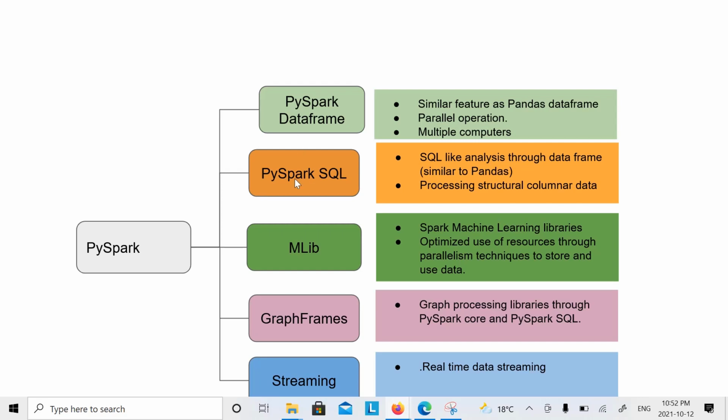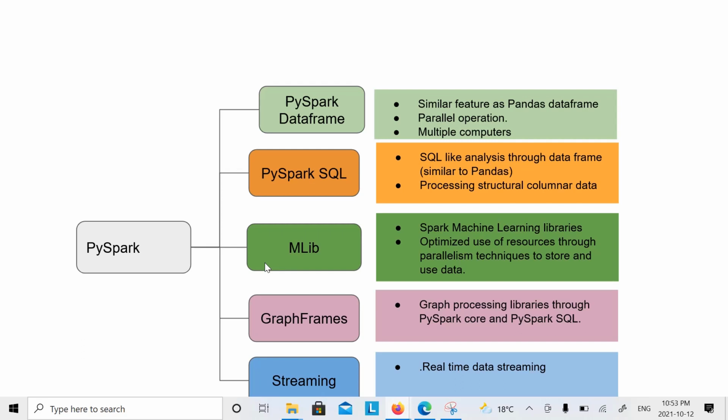The next one is PySpark SQL. Using Python, you can run SQL commands on a Spark cluster, and that's called PySpark SQL. Using Python, you can run machine learning algorithms like k-means and other such algorithms.